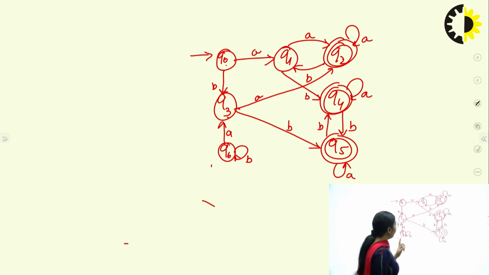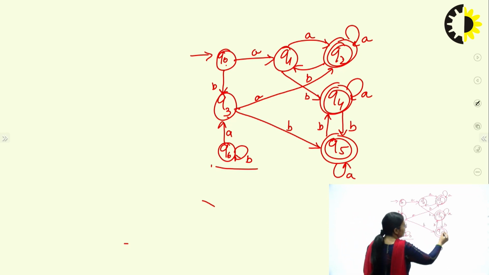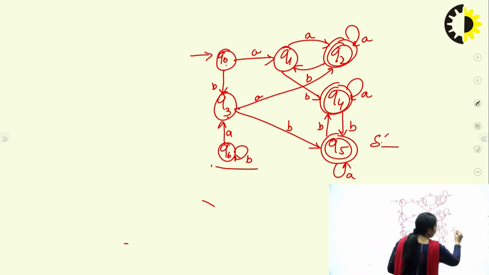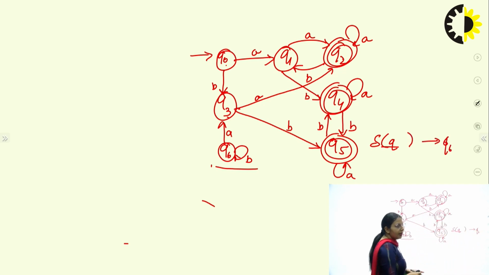Now, if we are focusing on Q6, here we can see Q6 is not reachable by any of the states. Is it reachable by any of the states? No, because there is no state which shows the transition to Q6.